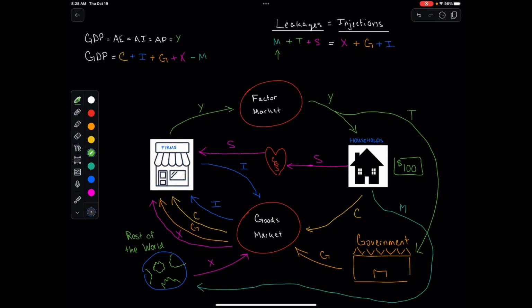If we import more, maybe we're also exporting more, trying to increase our trade as a country. So the idea is that since GDP and aggregate expenditure is equal to aggregate income, this side of the economy is equal to this side of the economy, and the leakages and injections should be equal.